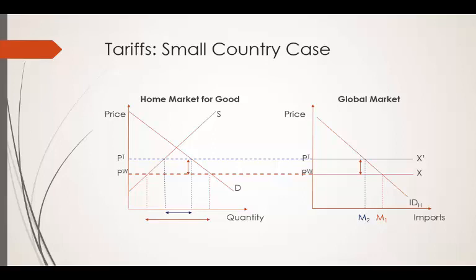This is correspondingly seen in the home market by the reduction in the width of imports. The red double arrow is now the blue double arrow. At PT, the producer surplus has increased. The government obtains a tariff revenue, but the consumer surplus has fallen, and there is a resulting deadweight loss.